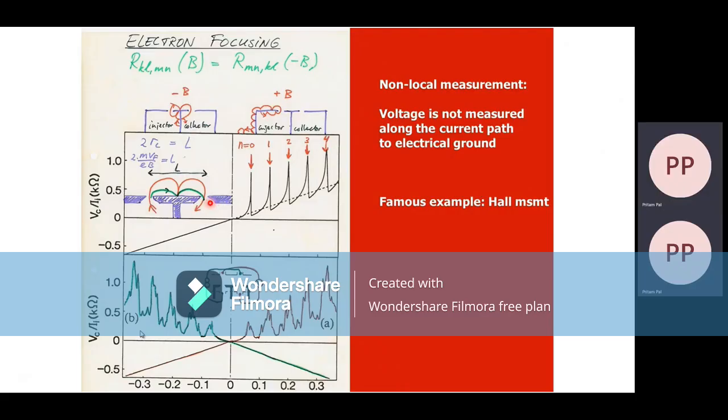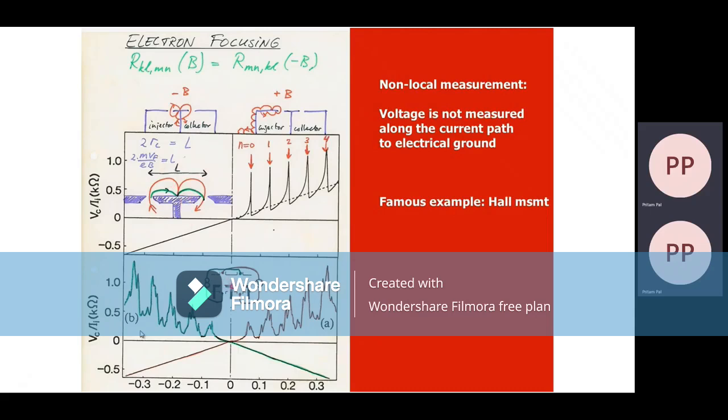So a constriction gets defined, and through this constriction electrons can be injected into this region, and voltage is measured across this side. The schematic of the experiment is shown below.